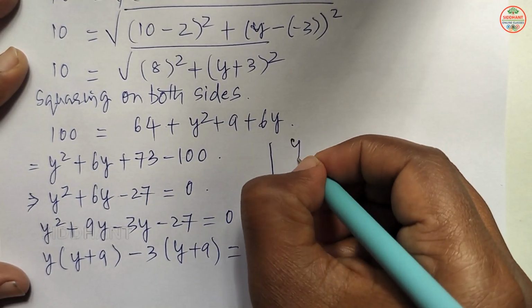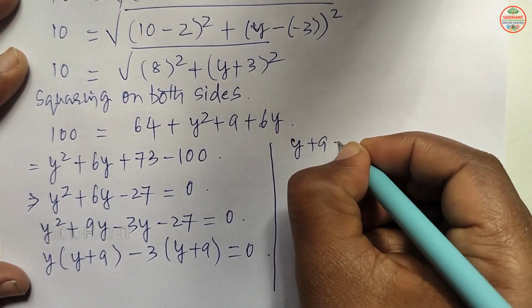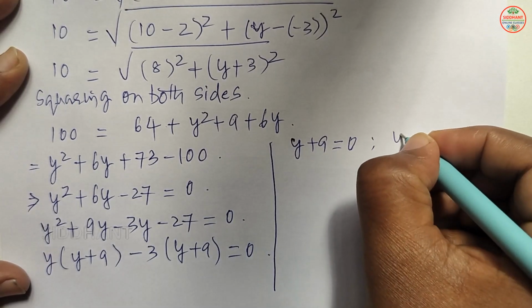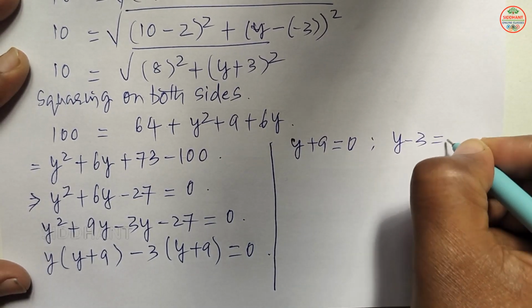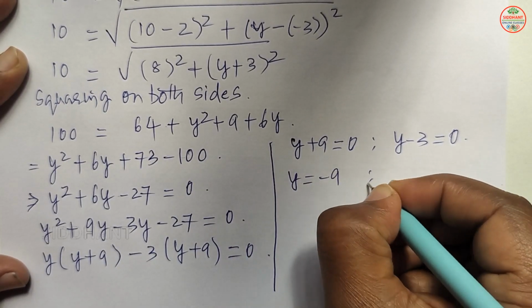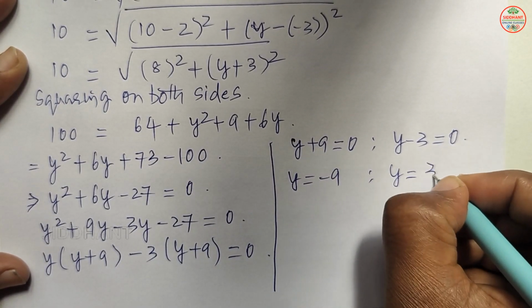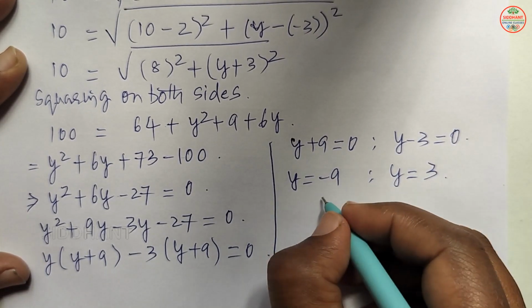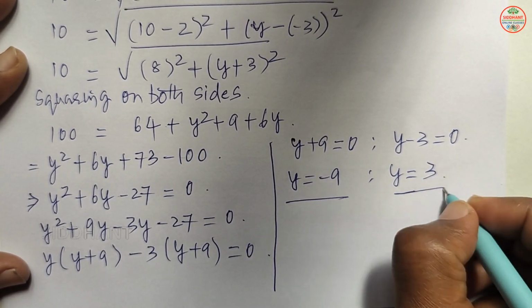So y plus 9 equal to 0 and y minus 3 equal to 0. So y equals minus 9, and y equals 3. So y is minus 9 and 3.